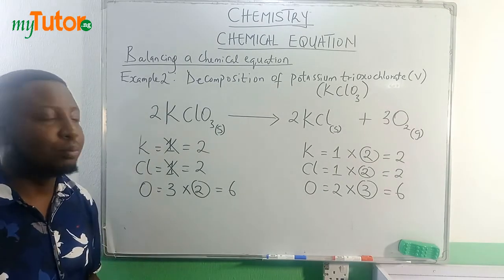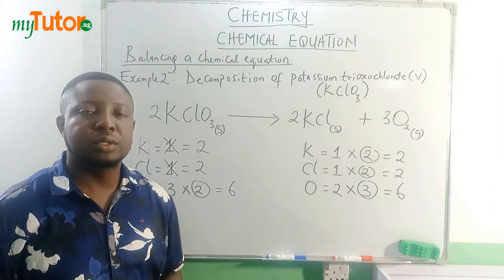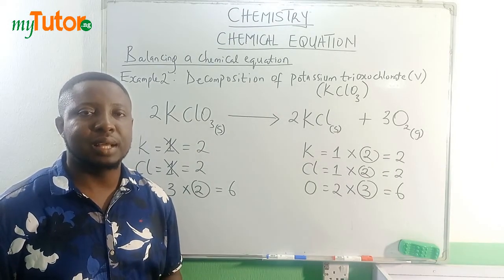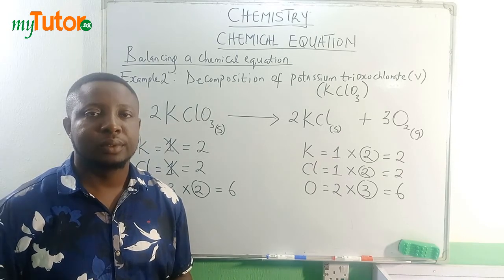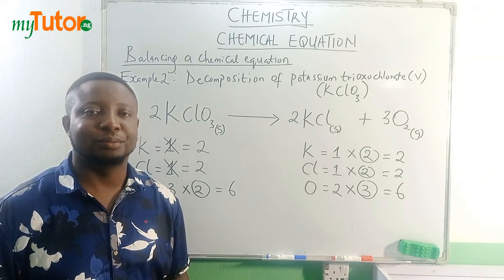So this is how to balance a chemical equation. We have been able to see 2 examples on how to balance a chemical equation. I believe that with these 2 examples that we have solved, you can be able to balance a chemical equation.